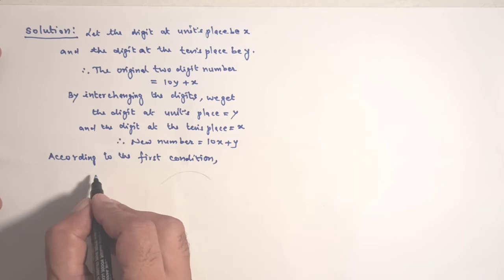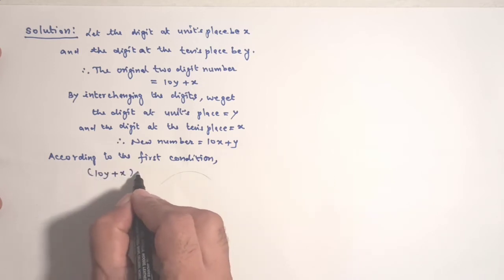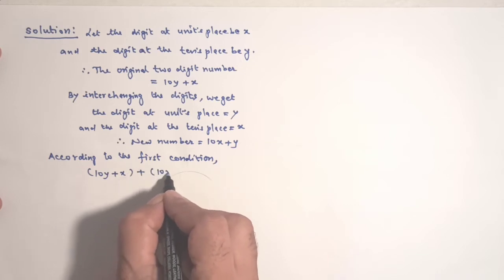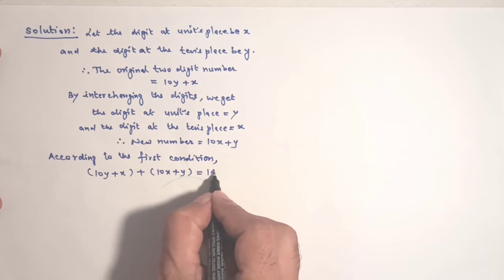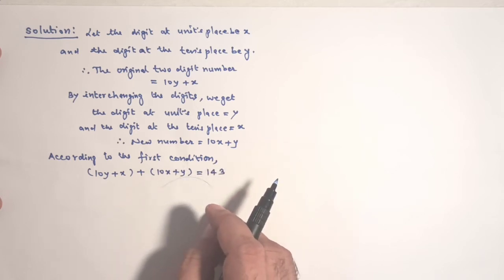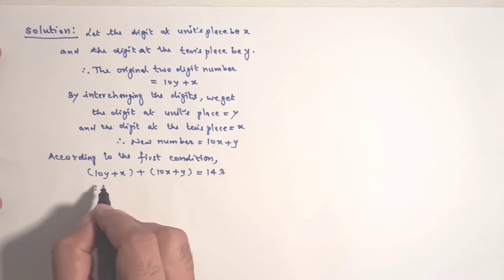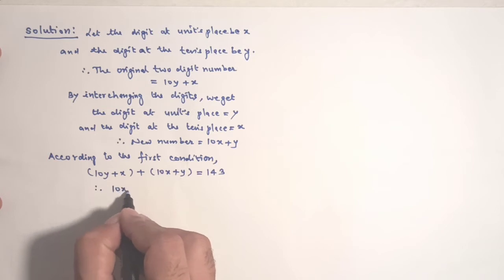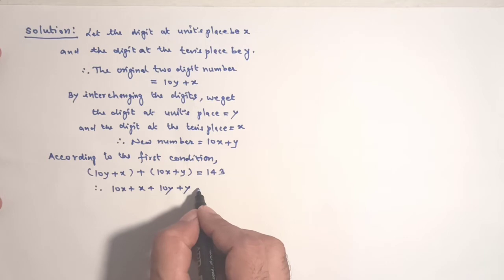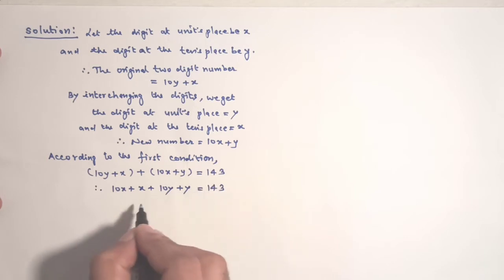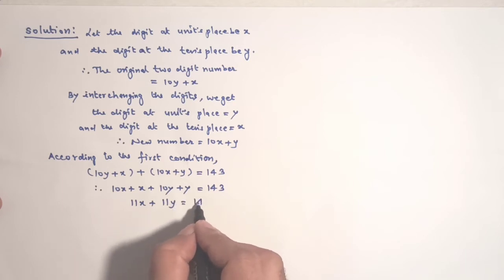So your original number is 10y plus x, first number, plus new number which is 10x plus y, it is equal to 143. Therefore, this 10x plus x plus 10y plus y is equal to 143. So 11x plus 11y is equal to 143.